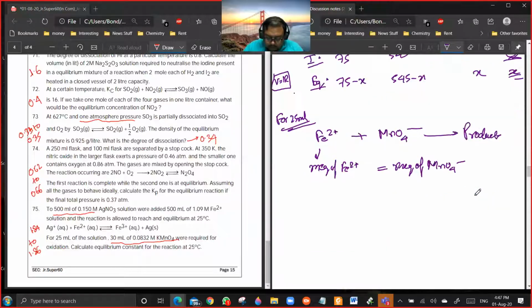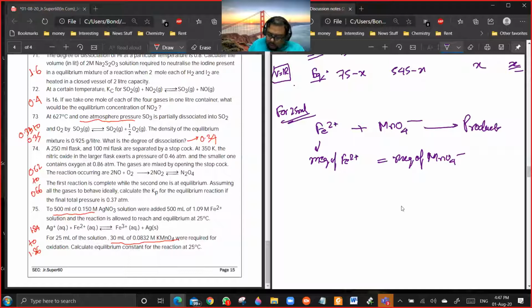So it is like 30 ml of 0.0832, and the n factor, if nothing is given, you have to take it to be 5. This should be equal to Fe2 plus. Let us say that the millimoles of Fe2 plus is Y. So Y into n factor 1.